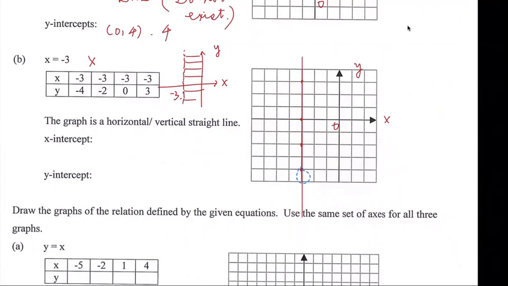If we join these 4 points, we'll realize that these 4 points are on the same straight line. And this straight line is obviously vertical. So this straight line is x equals minus 3. All the points on this straight line have the same x value, which is minus 3, but they have different y values.